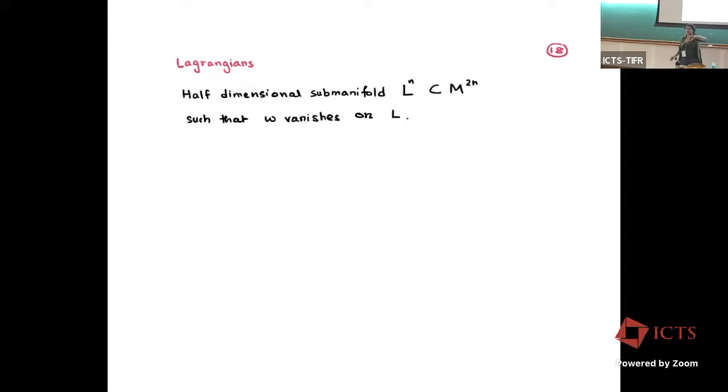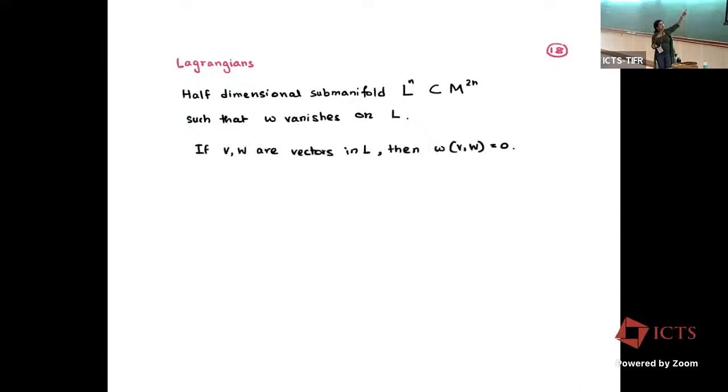So an n-dimensional submanifold, okay? So if you're looking at R4, there's something sitting inside which is 2-dimensional. So it's like a surface. So think about a sphere sitting inside R4, okay? And you want it such that if you take two vectors sitting on that submanifold, you want omega to output 0.